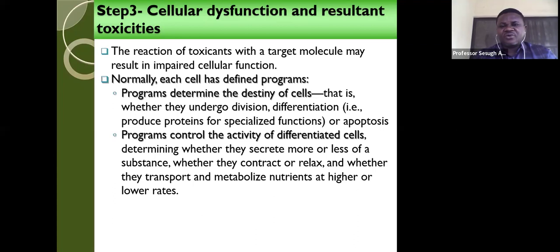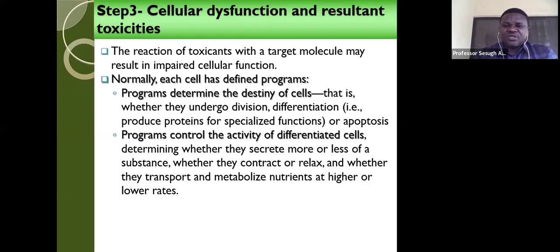Normally, each cell has defined programs. So it will alter the program, alter the function of that cell, so to speak. Programs determine the destiny of cells. That is what we are told. That is, whether they undergo division, differentiation, produce protein or specialized functions, and so on and so forth.